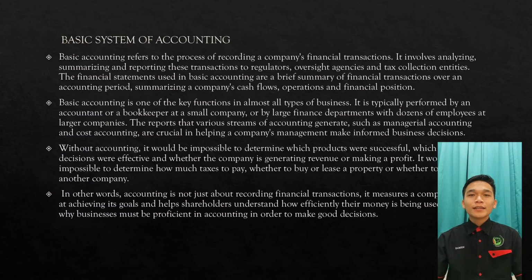Good morning and hi, I am Daniel Japol from 81105C. I would like to present the basic system of accounting. Basic accounting refers to the process of recording a company's financial transactions. It involves analyzing, summarizing, and reporting these transactions to regulators, oversight agencies, and tax collection entities.